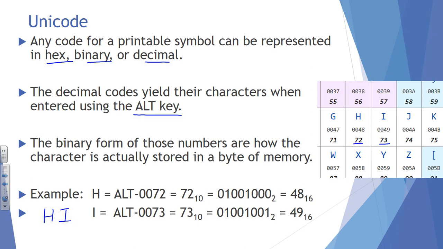So that means if we go into WordPad or a Notepad or any text editor and enter Alt 0072, it'll give us the letter H, and Alt 0073, it'll give us the letter I.